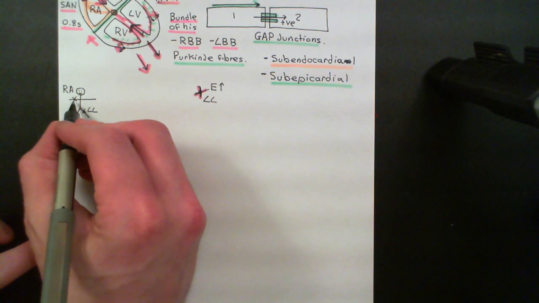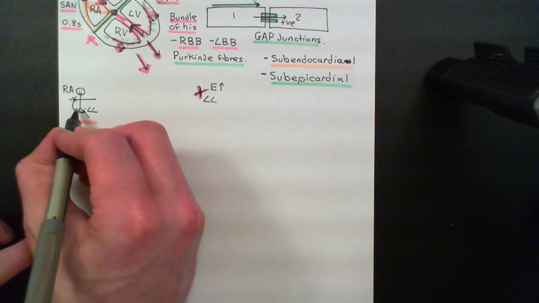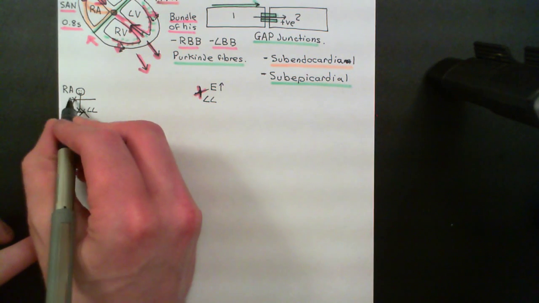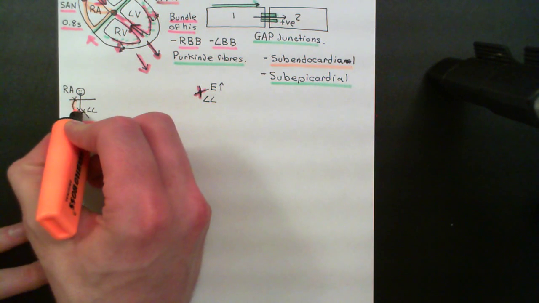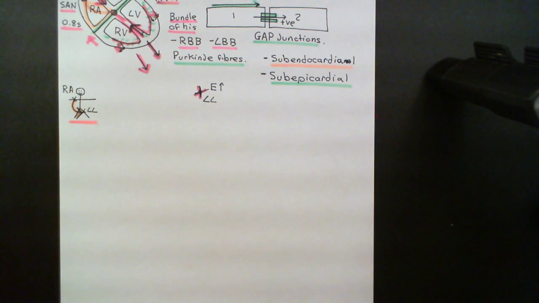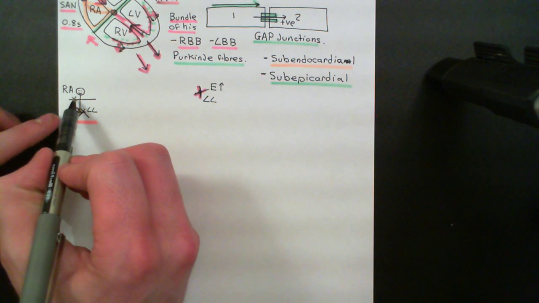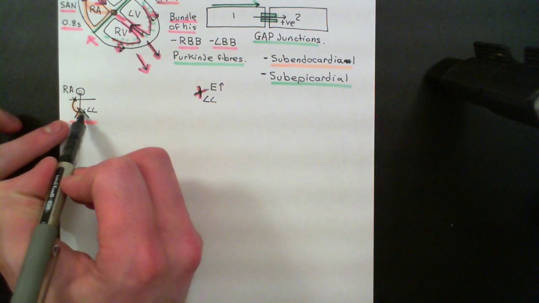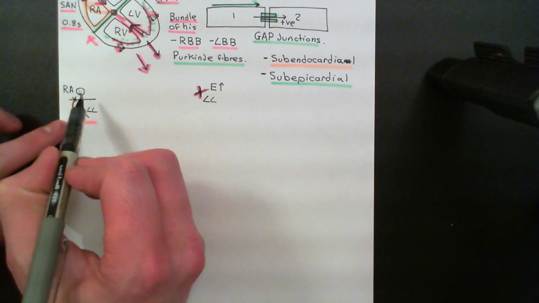We're going from the right arm to the left leg. If you were to move from the right arm to the left leg, how much would the electrical potential go up or down?